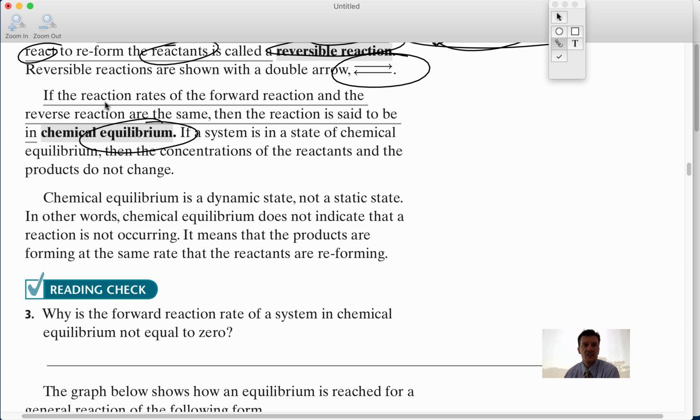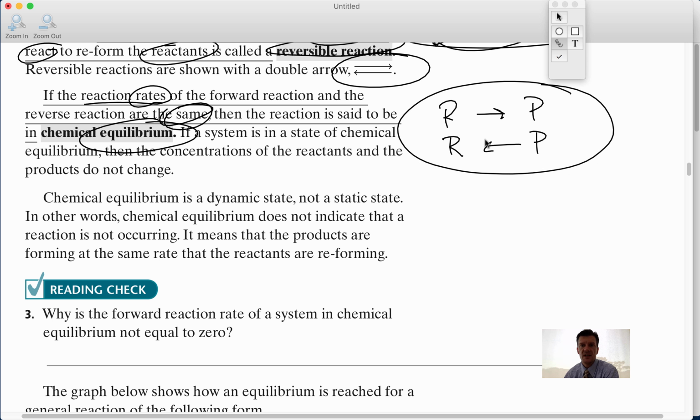It means that the reaction rates, how fast the reactants are turning into products, that rate is the same as the rate at which the products are turning back into the reactants. And that happens after a certain amount of time. It's going to be reached eventually. So we say that it is in a state of equilibrium.